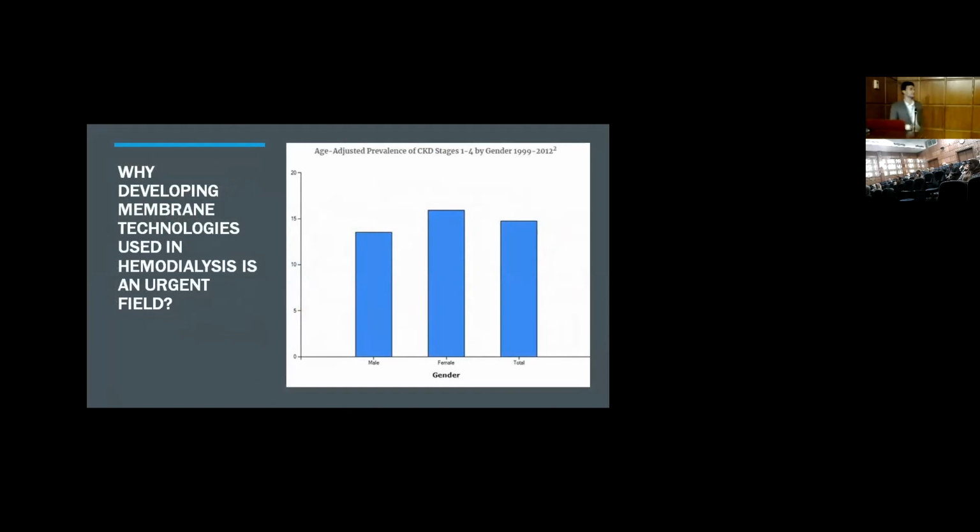Since kidney transplant is not affordable to most of them, hemodialysis technology has emerged and has been the common trend in medical applications, particularly membrane medical applications, and that's what attracted me to this field and led me to do this review article.